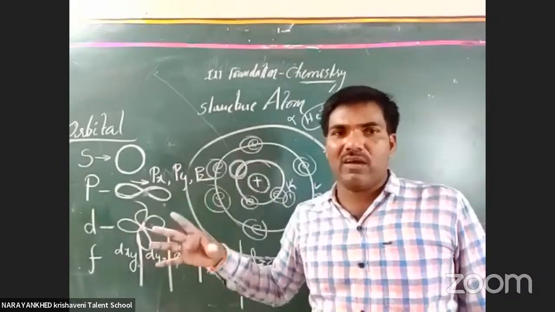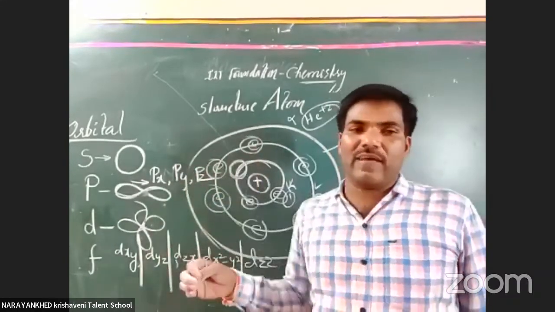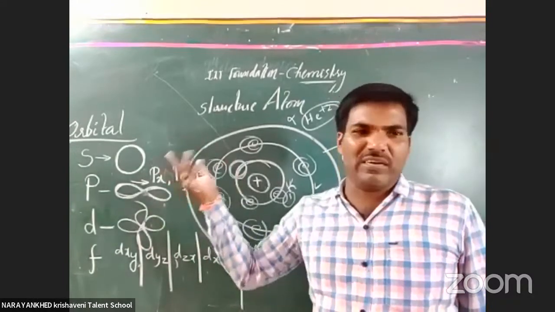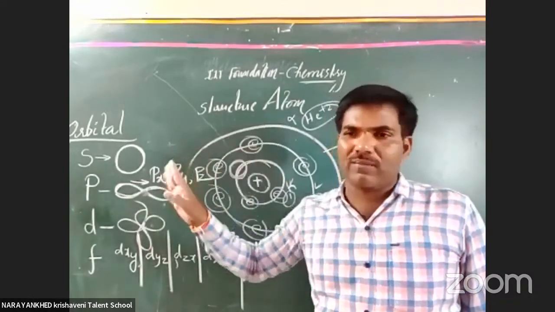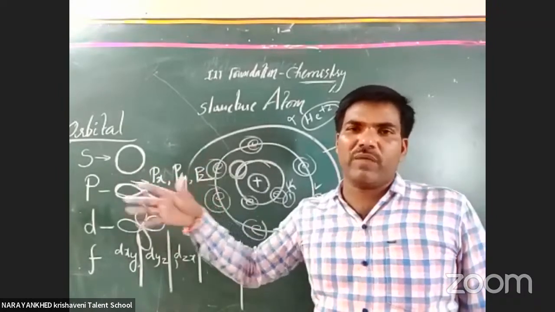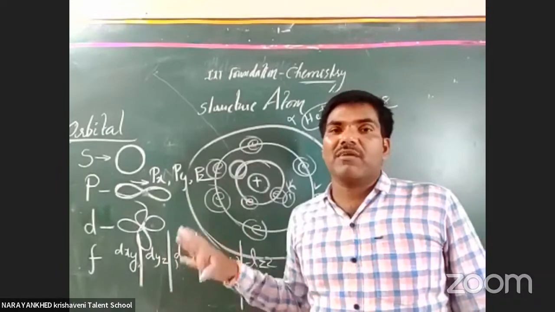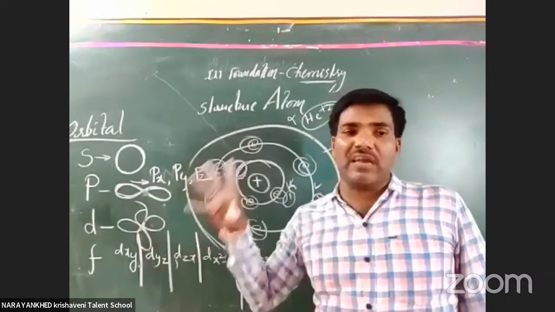Electrons are there and protons are there, positive charged particles. According to J.J. Thomson, it is a plum pudding. It is a wrong model. Then Rutherford came, then Bohr came, and they gave some information: our atom is contained in a circular manner.